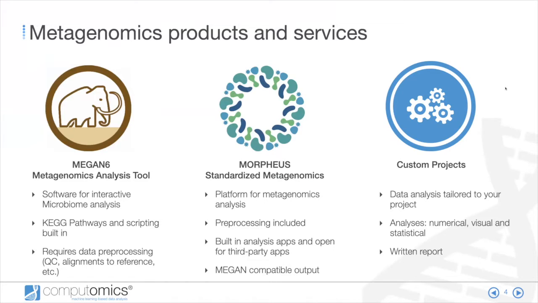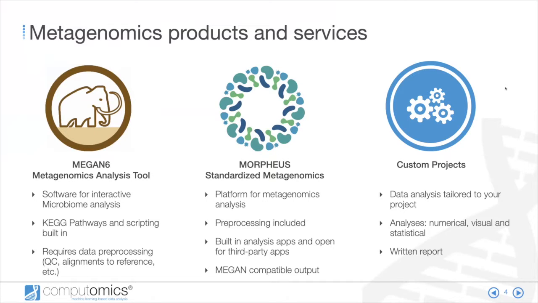If you don't have bioinformatics knowledge or you don't have the compute resources, you can use Morpheus, our platform for metagenomics analysis, where we integrate all the pre-processing, so you don't need to worry about the bioinformatics. And then the output is fully MEGAN compatible, but also the platform itself contains some data visualization and data storage features.